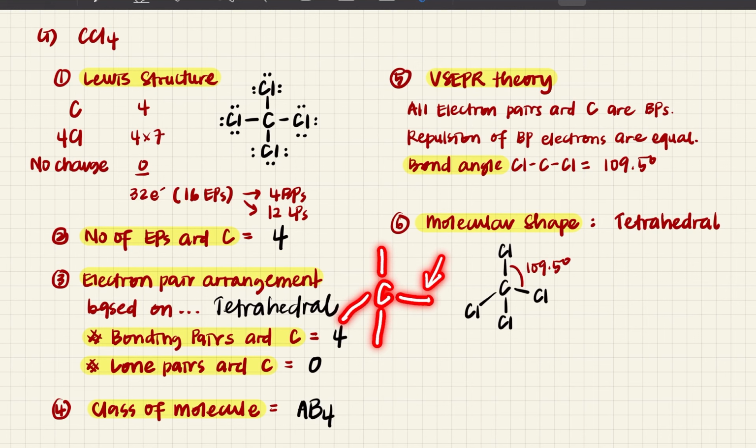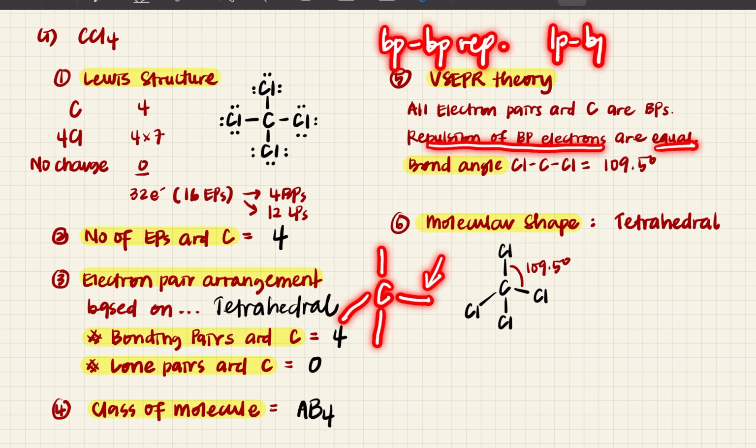Okay, therefore the repulsion of bonding pair electrons are equal. Because it is all bonding pair repulsion only. Okay, there is no lone pair bonding pair, no other repulsion. Alright, so we only take into account bonding pair repulsion in our molecule. Okay, so this is the explanation, and then you are going to talk about your bond angle.